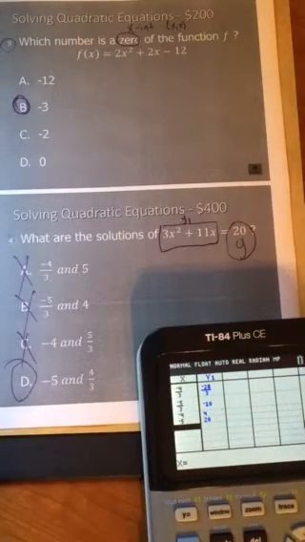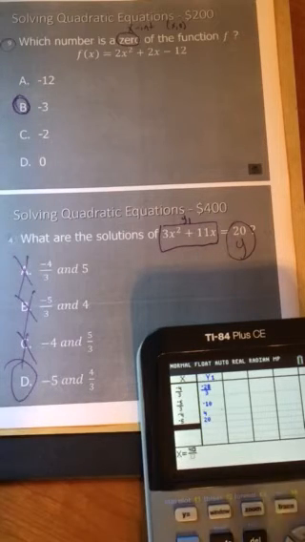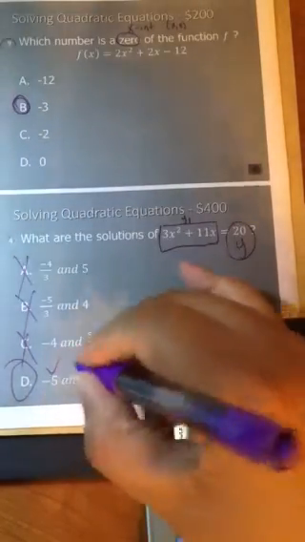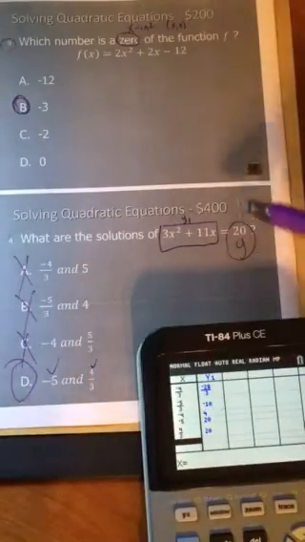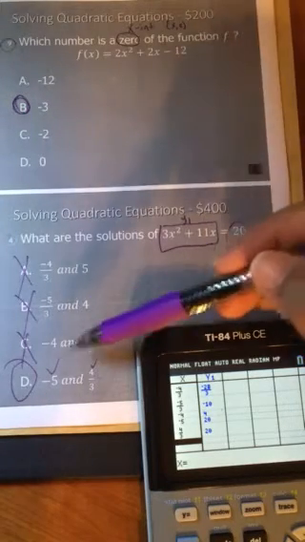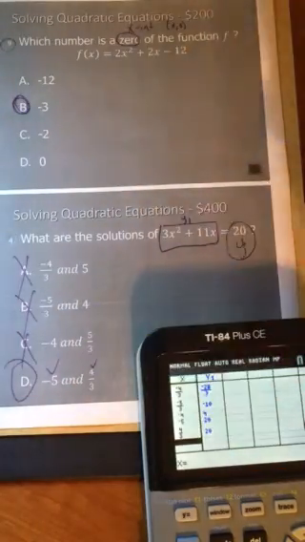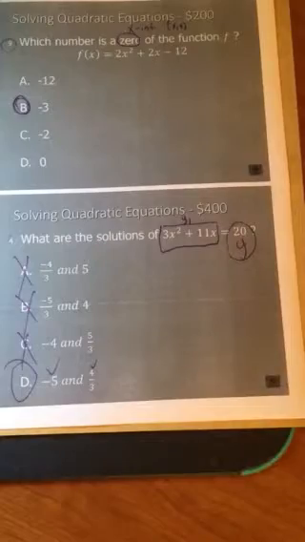So -5, 20. Alpha y equals enter. 4 thirds. So they both give me the 20 I wanted. Again, we're looking for 20 on this one. I think I said 0, but I meant to say 20. These are the only two that give you the number 20. So that's why D is your correct answer.